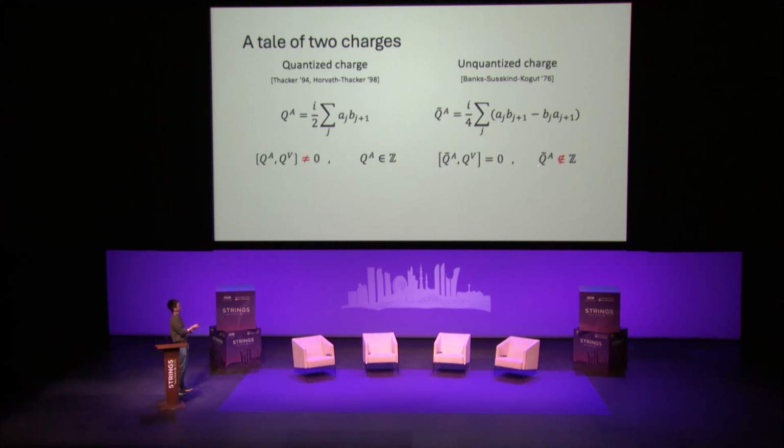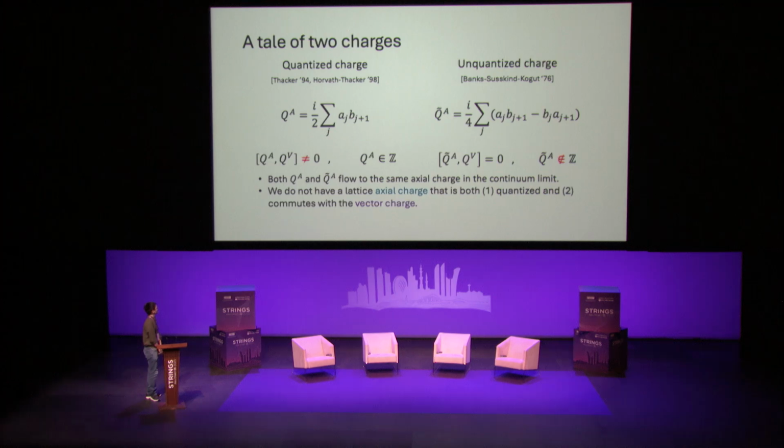But the price you pay is that it's not quantized. Both QA and Q tilde A flow to the same axial charge in the continuum limit, but it seems that we do not have a lattice axial charge that is both quantized and commutes with the vector charge. And it would be interesting to better understand the relation between this and the Nielsen-Ninomiya theorem. We have some preliminary thoughts, but let me not say more about it.